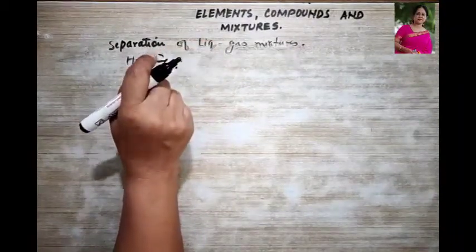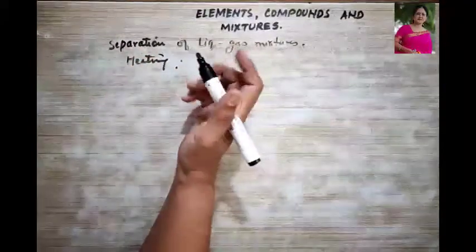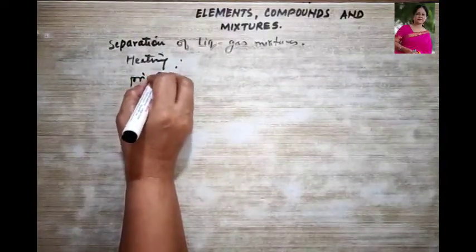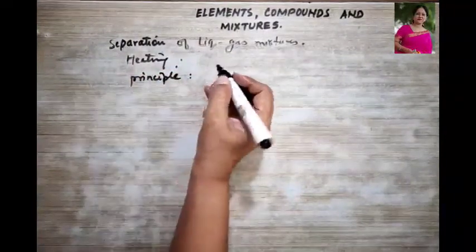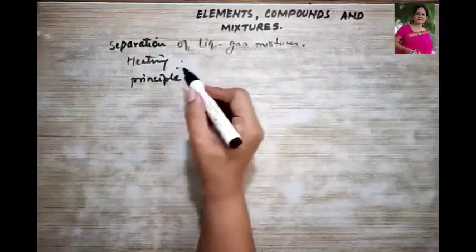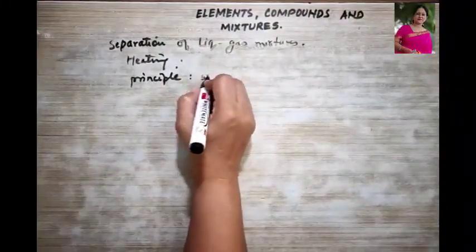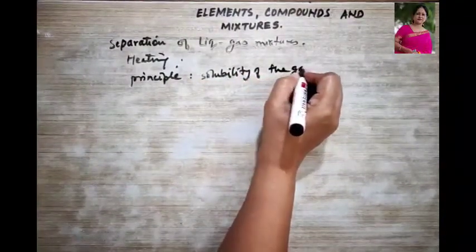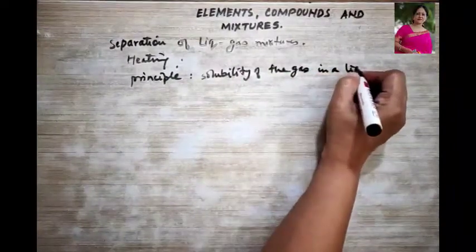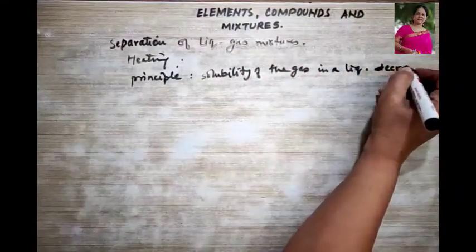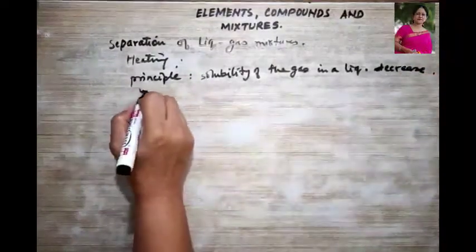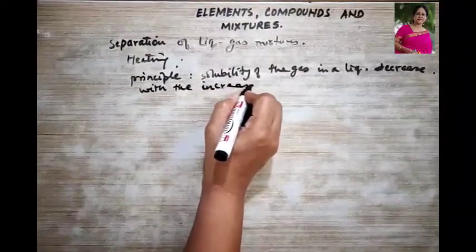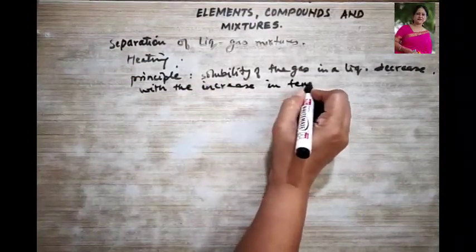That the solubility of the gas in the liquid should decrease with the increase in temperature. What is the principle behind over here? The principle behind the separation of liquid gas mixture by heating depends upon the solubility of the gas in a liquid, which should decrease with the increase in temperature.